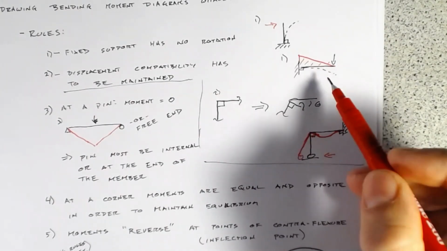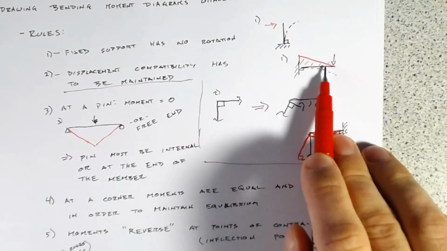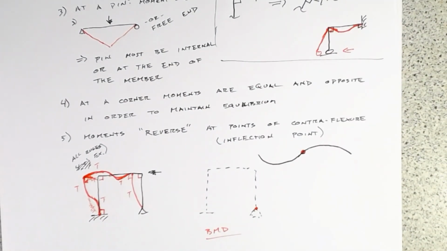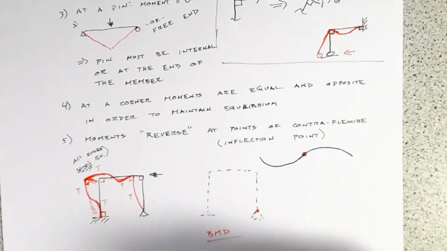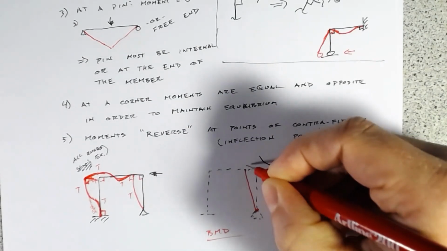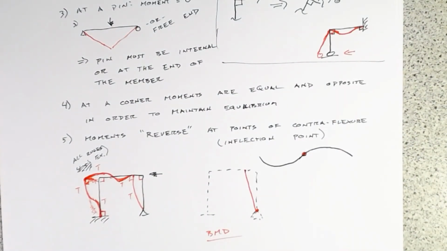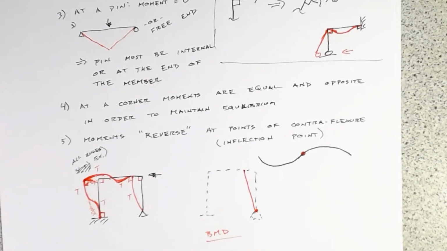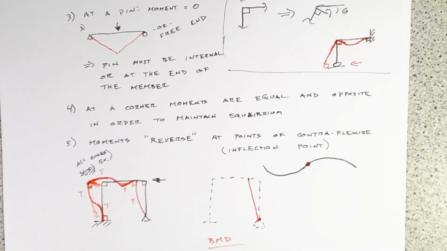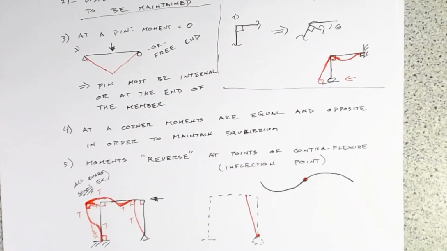So it's just going to be P times your distance x. Because there are no other loads here, there's no other shear, so we wouldn't expect any other moment. So on the tension side, we're going to have a linear response. Again, if you've got a point load, you're going to have linear moment. If you have a uniformly distributed load, you're going to have a parabolic. And that just goes back to your shear rules and your bending moment diagram rules.